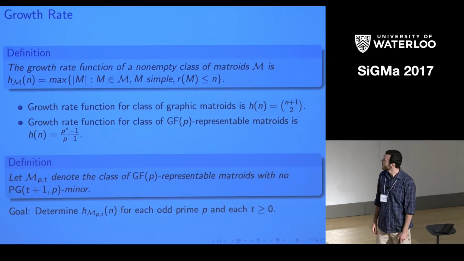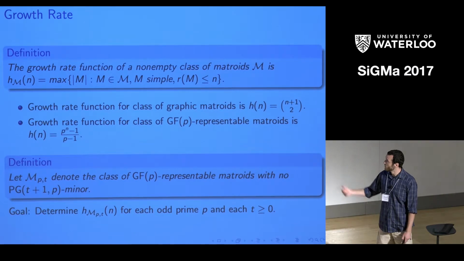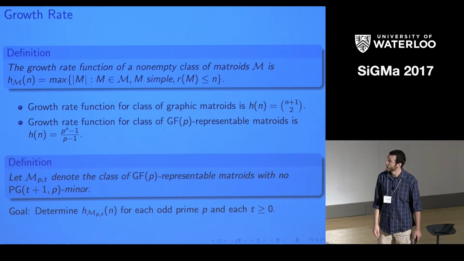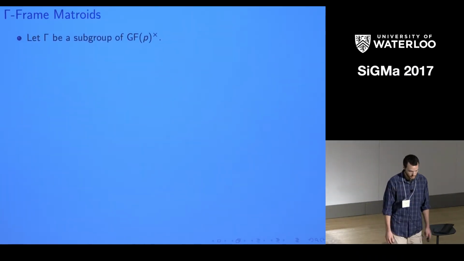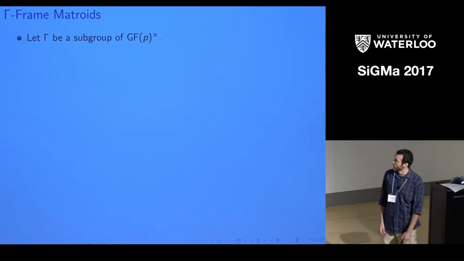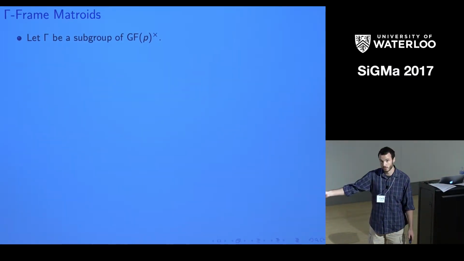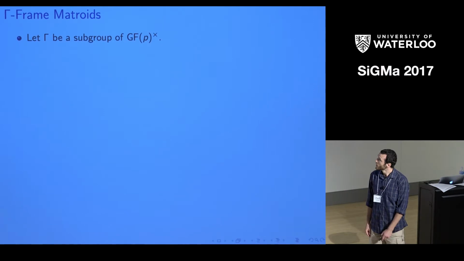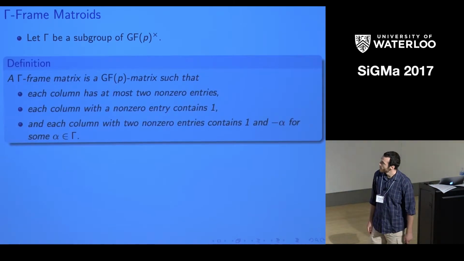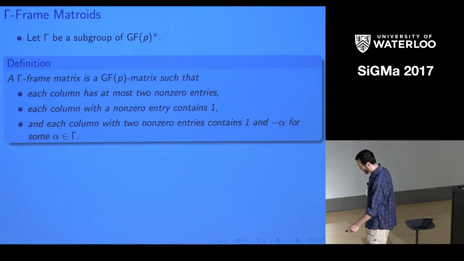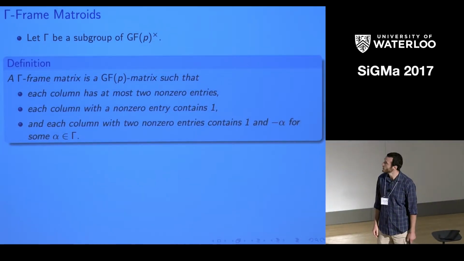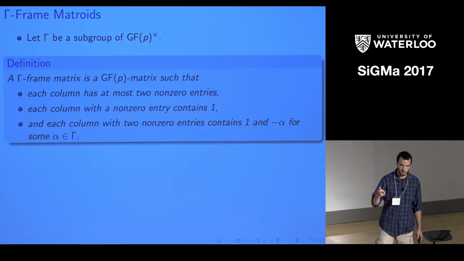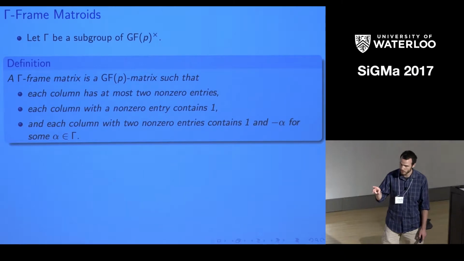Okay, so we'll first find a lower bound, and we will use gamma frame matroids. These were first introduced by Zaslavsky. We will let gamma be a subgroup of the multiplicative group of GF(p). And a gamma frame matrix is a GF(p) matrix such that each column has at most 2 non-zero entries.